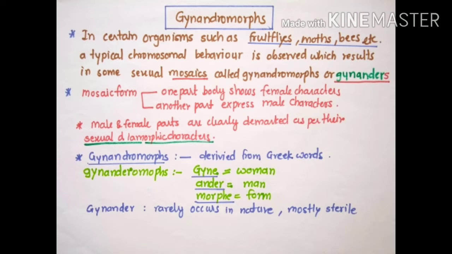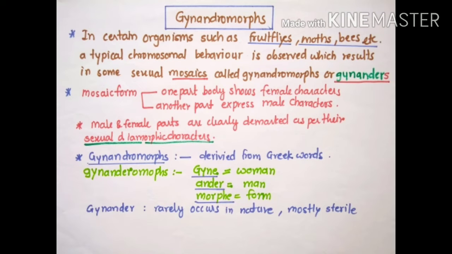Gynandromorphs occur occasionally in many organisms that normally produce female and male. For this purpose, different theories have been put forth for how Gynandromorphs arise. In Drosophila, the zygote originally has two X chromosomes, which is going to develop as a female.